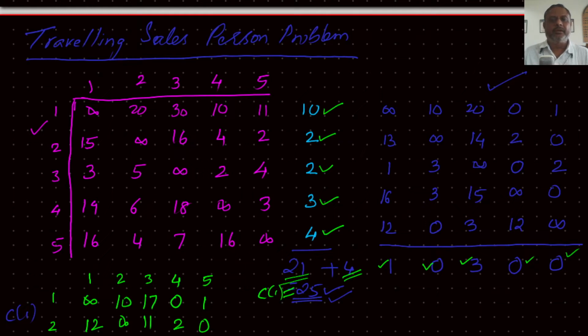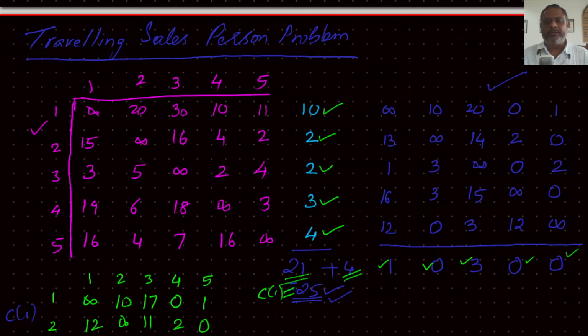Same way, now going from 1 to 3. So first row, third column are made infinite. 3 to 1 is made infinite. Other things are copied from this matrix. Then find minimums. Each row is having 0, so nothing to vary in this matrix.